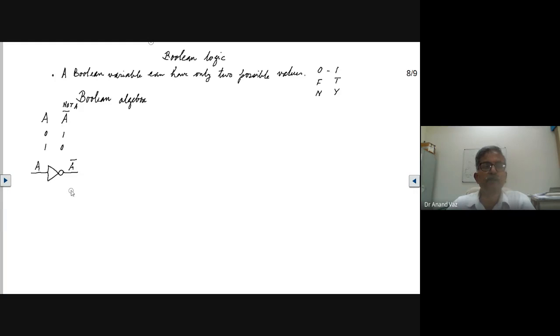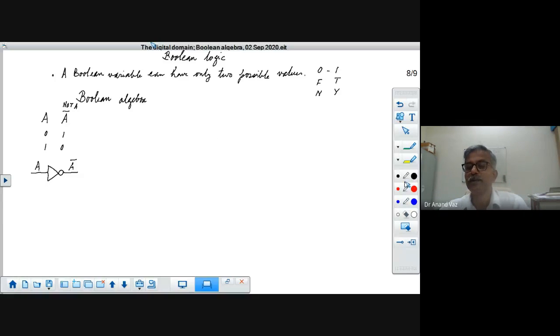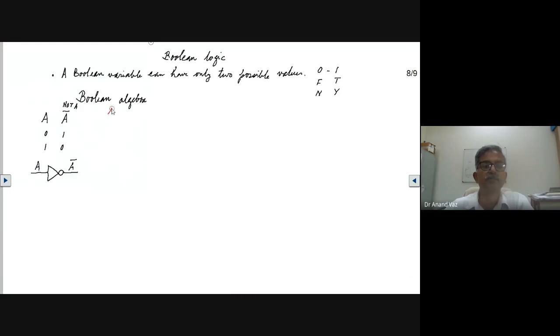Now we can do a number of other things, but we need some more operators. We also have the AND operator, and I'm sure you are familiar with the AND operator. You also have the OR operator.